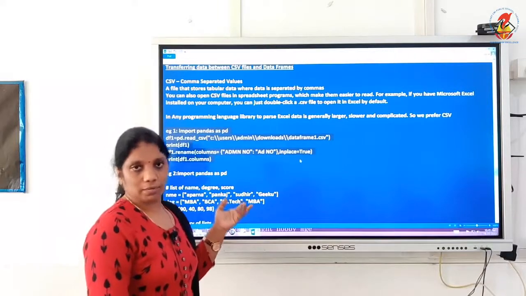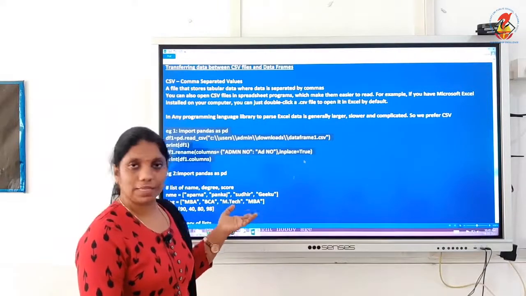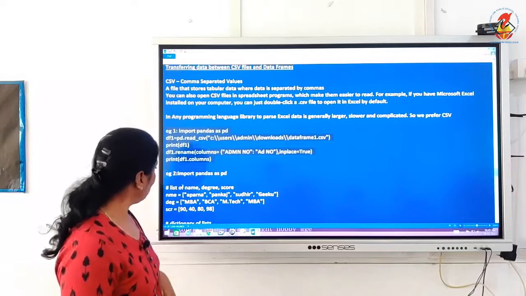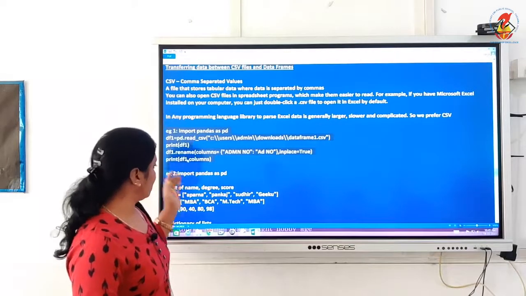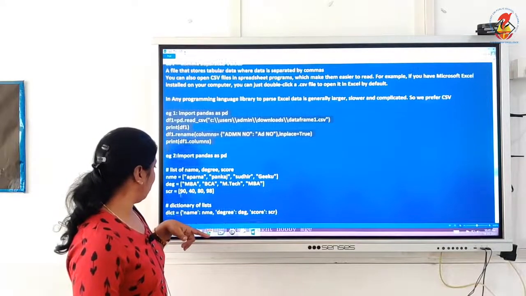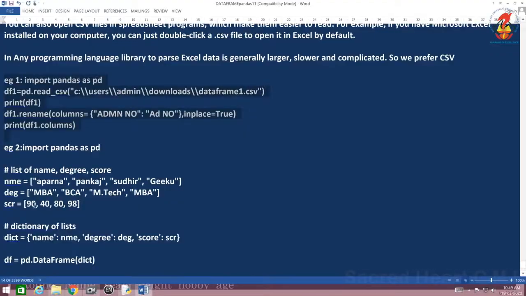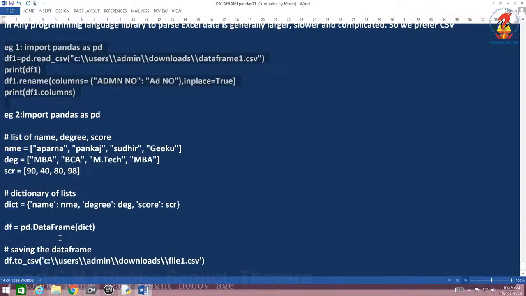But it's all up to the different types of examples when you do it. Now in the second example, this was just to access it. The second example in the last video, once again we are showing it just to make sure how you create a data frame from your program.